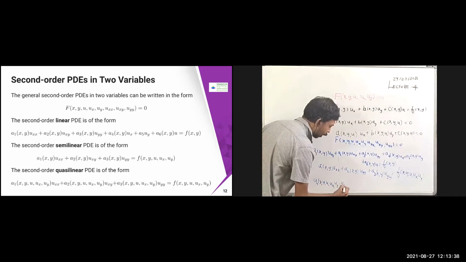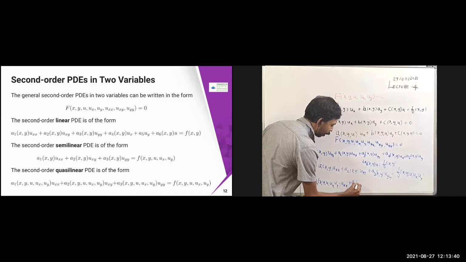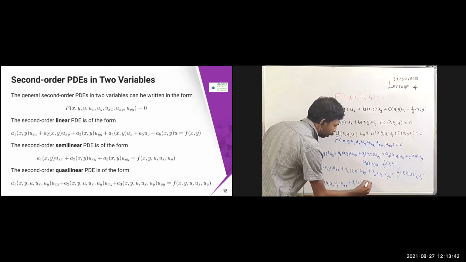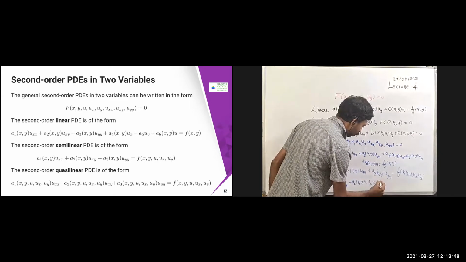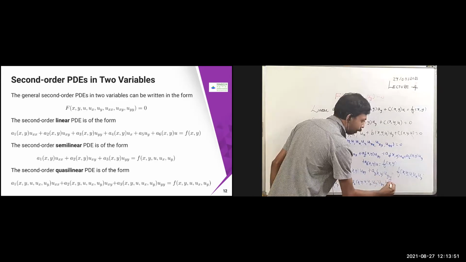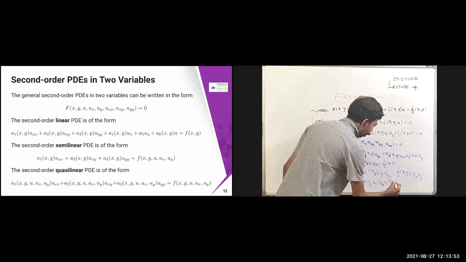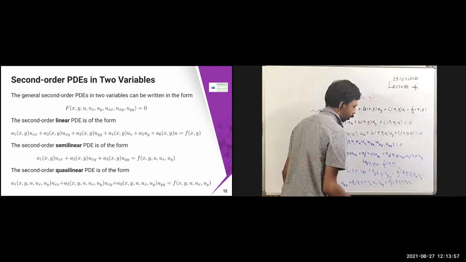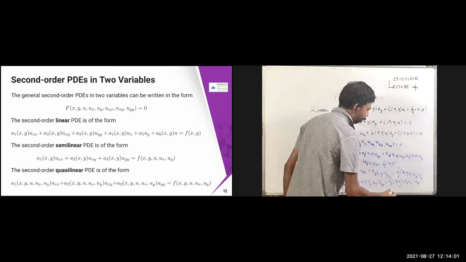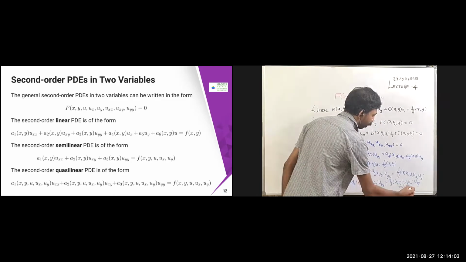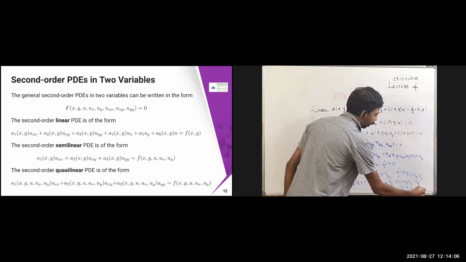So a1 uxx plus a2 of the same thing x, y, u, ux, uy, uxy, plus a3 of x, y, u, ux, uy, uyy, equal to the same thing f of x, y, u, ux, uy.